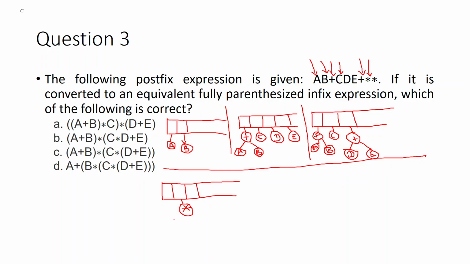We pop the two values and make them its children: C here, plus, D and E. The already existing element in the stack is plus, which has two children, A and B.